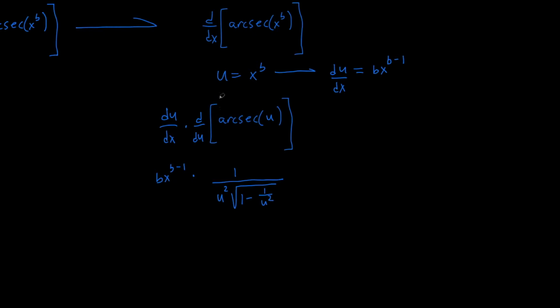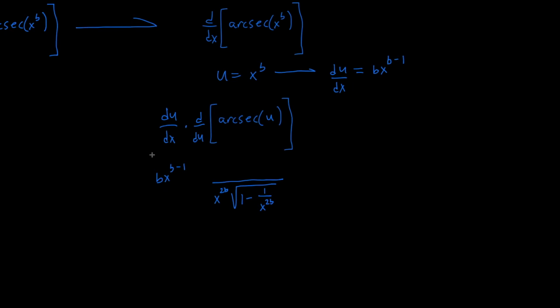And we can undo the u substitution, which we said is x to the b. So we have x to the b, and x to the b squared is going to be x to the 2b. So let's rewrite that. And this is the same value, so we can replace u squared here with x to the 2b as well. bx to the b minus 1 times 1 is just equal to bx to the b minus 1.